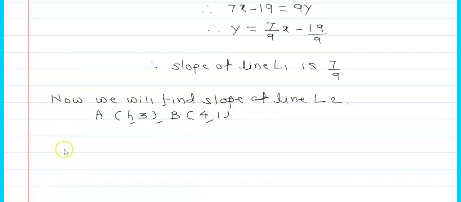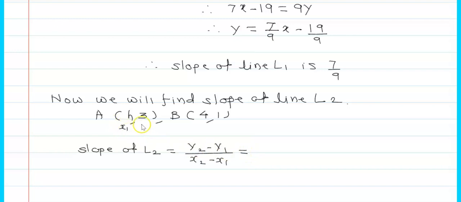Now the slope of L2 is equal to y2 minus y1 upon x2 minus x1.